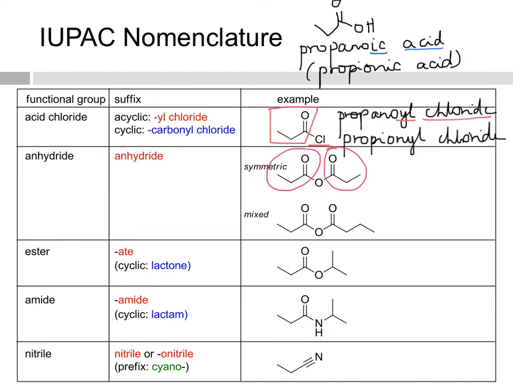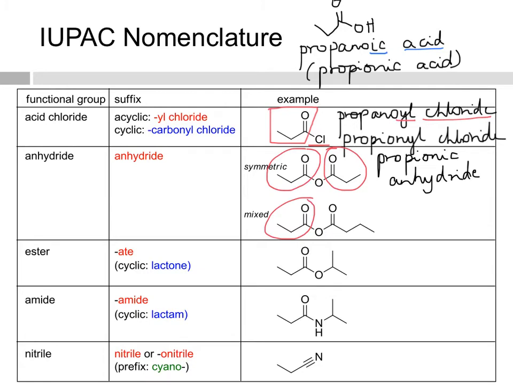So all we have to do is replace the acid with anhydride. The name of this compound is propionic anhydride, or propanoic anhydride.